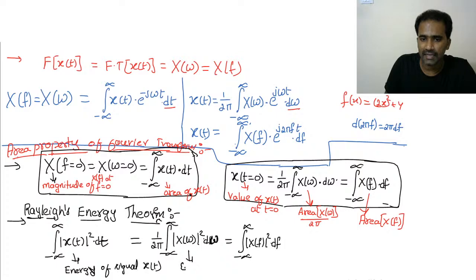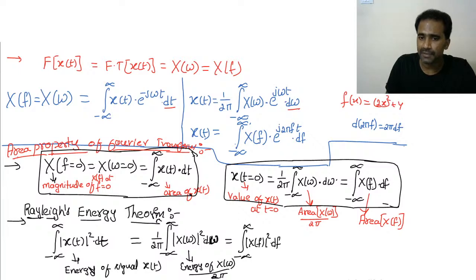So what is this? This is the energy of x of omega divided by 2 pi. If you find the energy of x of omega and then divide it by 2 pi, it is the same as the energy calculation for x of t. Since x of t and x of omega represent the same information, if you calculate the energy of the signal in time domain or in frequency domain, they are the same.